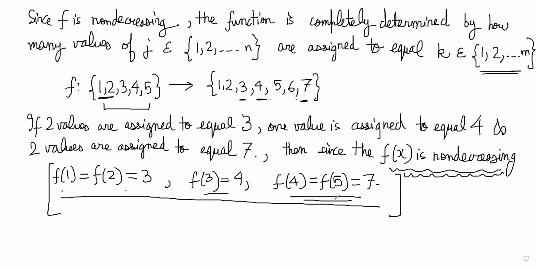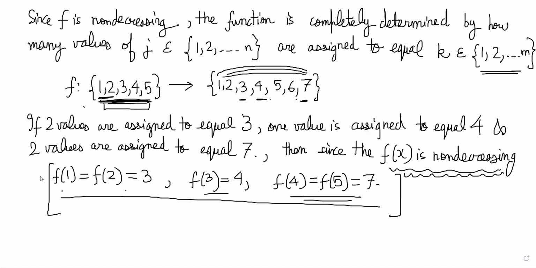So basically, what we are saying is, if I want to find out how many such non-decreasing functions are there, I just have to say how many different ways can we assign these 7 outputs amongst these 5 inputs, right?